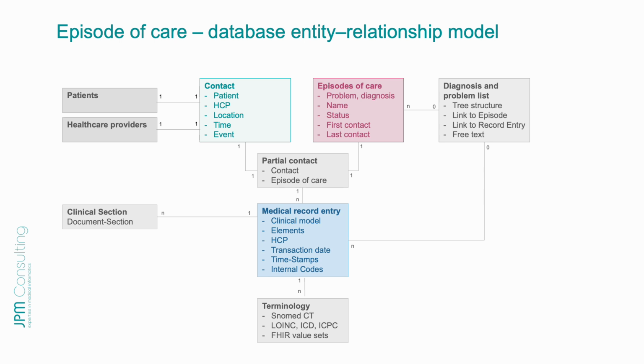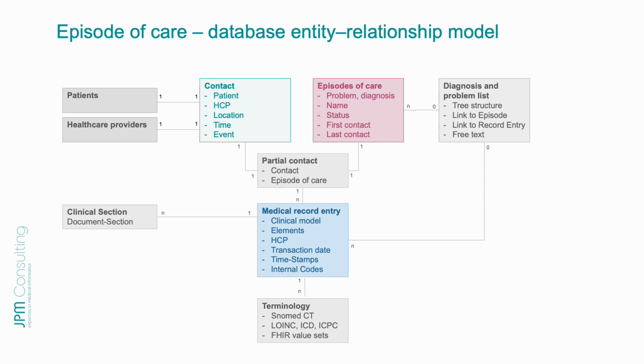Because a patient can have many episodes and a single contact may address more than one problem, we use partial contact as the linking entity. It connects medical information for a specific episode to a specific contact. The actual clinical documentation is stored as medical record entries.